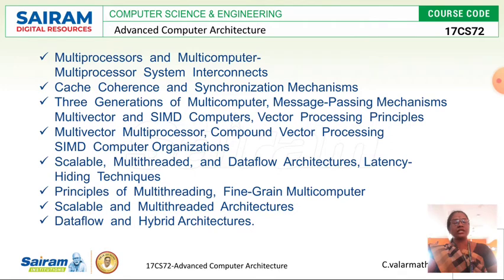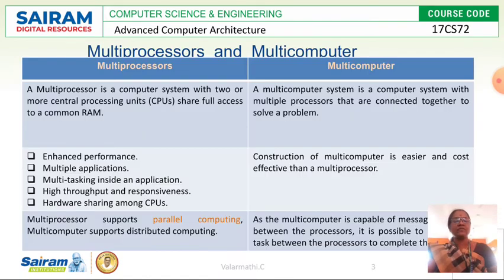Then we are going to see data flow architectures. The last topic is, in data flow architecture, what the hybrid architecture is and how it follows the fine grain multicomputer system. So these are all the topics which we are going to see in Module 4. The very first topic is multiprocessor and multicomputer.